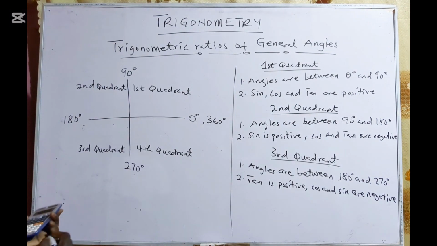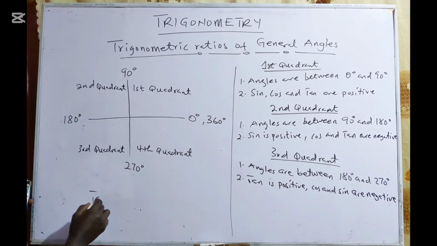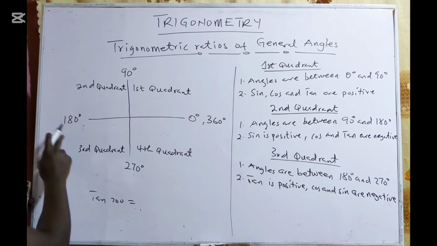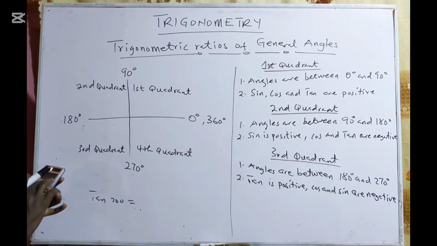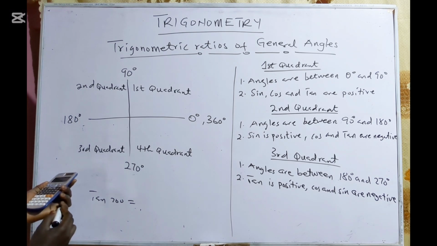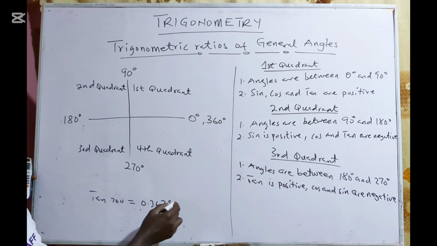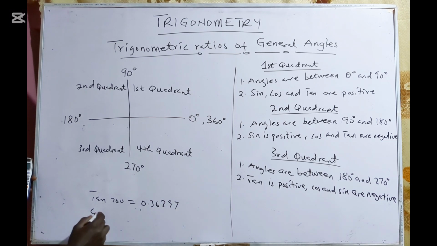So let's say if I have tan 200, you see 200 is between 180 and 270. Tan 200 is giving me positive 0.36397.